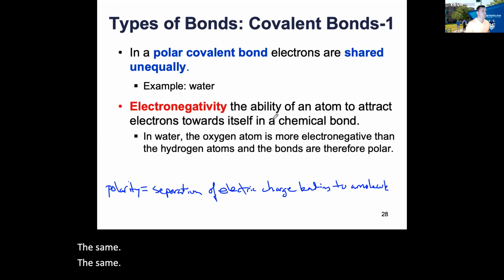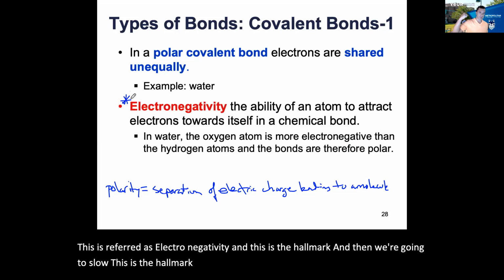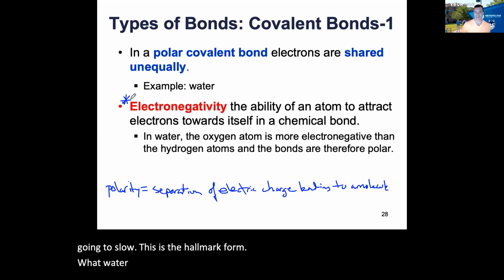When we come to polarity, they share them, but they share them unequally. This is referred to as electronegativity. This is the hallmark, and damn, we're going really slow, this is the hallmark for what water is and what water does for us.